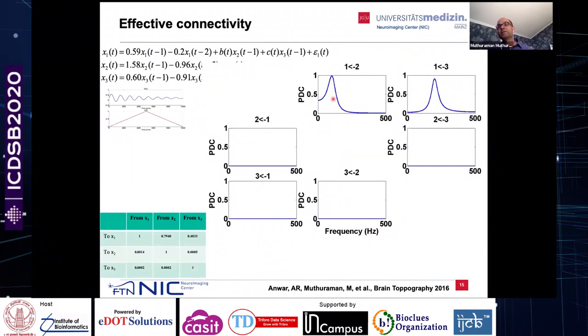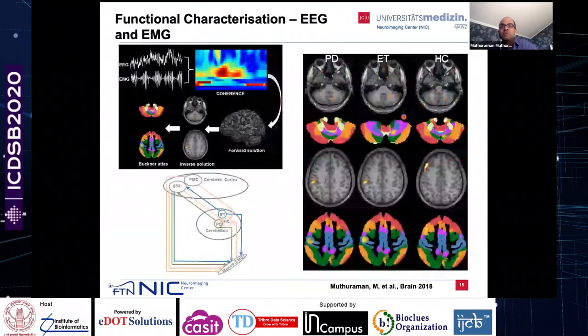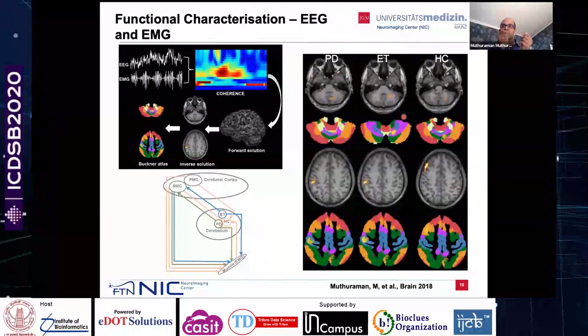And what we finally do is we also look at the time domain. So at the end, we also get this waxing sine wave and this triangular wave, and all the other connections are 0. So there is no connectivity in these time series, but in these 2 time series, we get a very good connectivity estimate. So we use this type of analysis to again differentiate between patients and healthy controls.